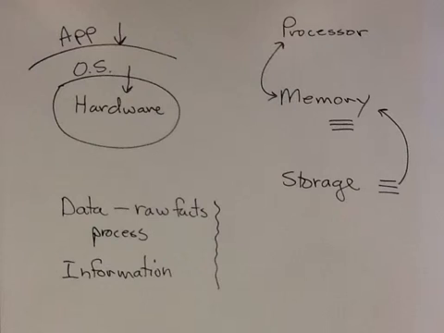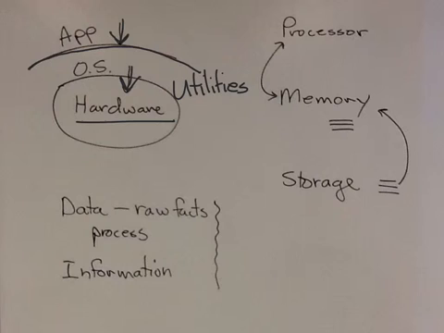Some other items that we talked about, either in this quiz or the previous quiz. There was a previous one where I covered some of the main things. People should know that the operating system and utilities communicate with the hardware, and the application communicates with the operating system.